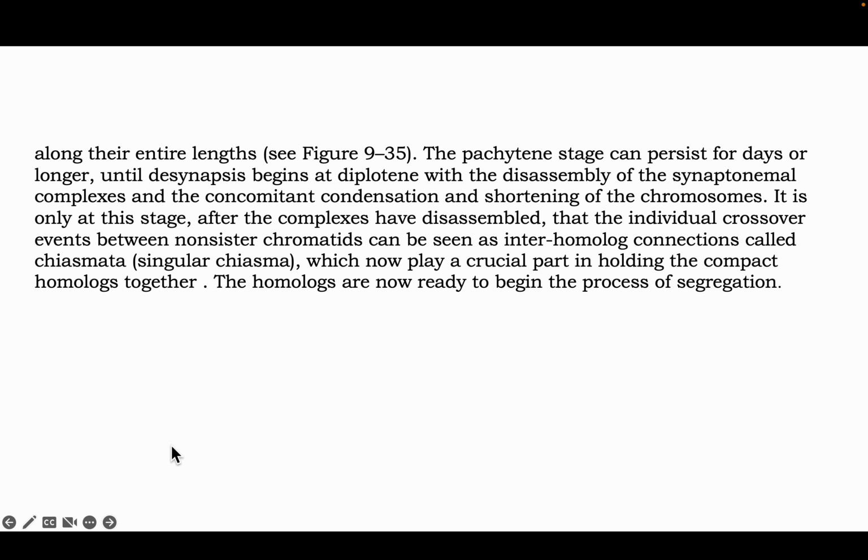So the pachytene stage can persist for days or longer until desynapsis begins at diplotene with the disassembly of the synaptonemal complex and the concomitant condensation and shortening of the chromosomes.